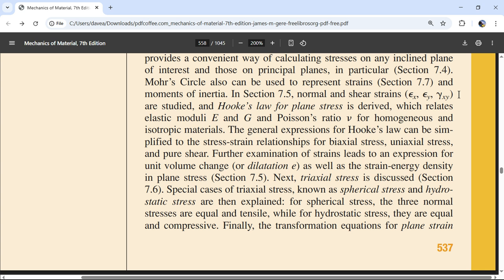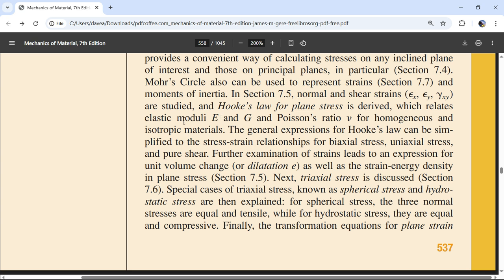Positive strain is going to be, hey, the diamond shape becomes like that. If we put our element in that first quadrant of an axis, positive stress causes positive strain. Normal and shear strains are studied, and Hooke's law for plane stress is derived.